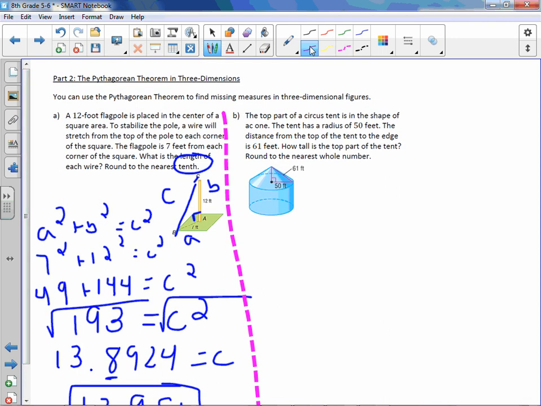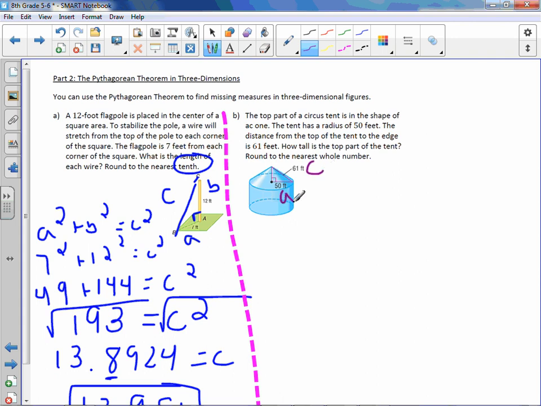The top part of a circus tent is in the shape of a cone, a little typo there. The tent has a radius of 50 feet. The distance from the top of the tent to the edge is 61 feet. How tall is the part of the tent?